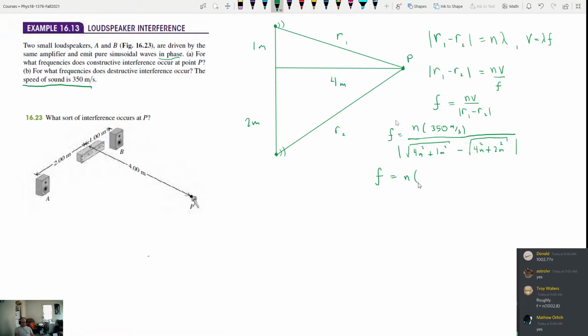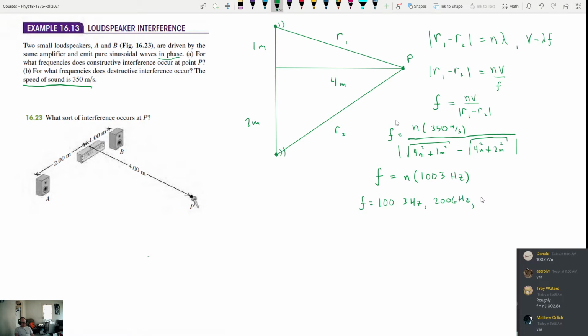So it's n times 100, we'll call it 1003 hertz, which means that for frequencies equal to, well, a frequency of 0 doesn't mean anything, so that doesn't work. This is 1003 hertz. Also, that's too many zeros. And then you'd also get it at 2006 hertz.